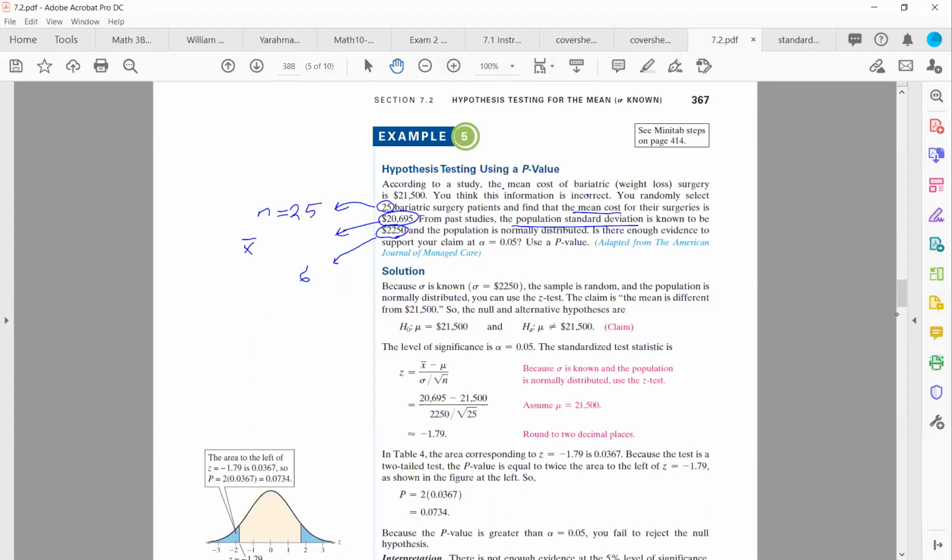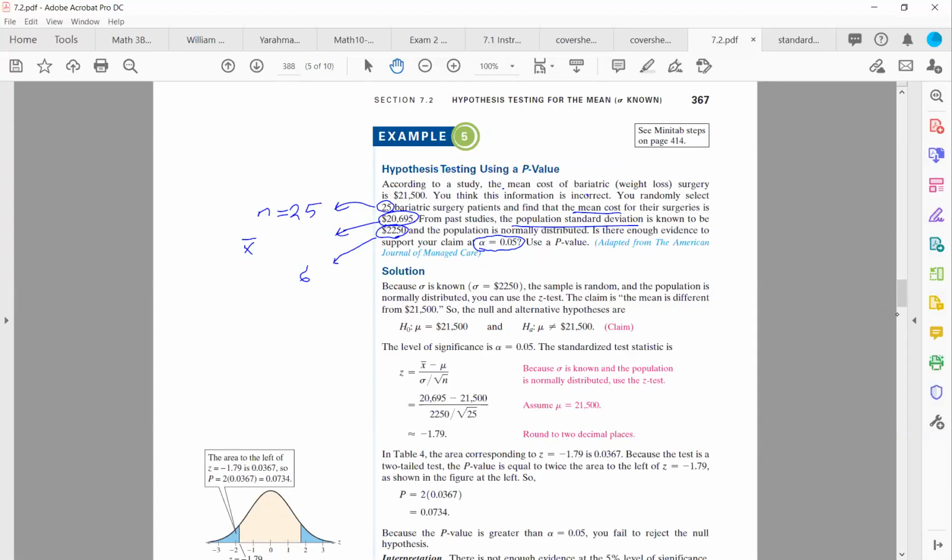And the population is normally distributed. Is there enough evidence to support your claim? Remember that you say that it is incorrect, it is not 21,500. Okay. The level of significance is given as 5%.